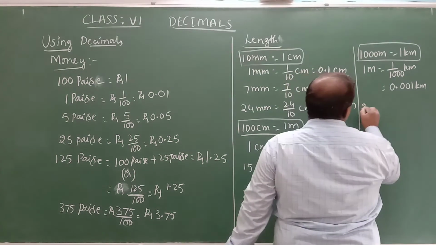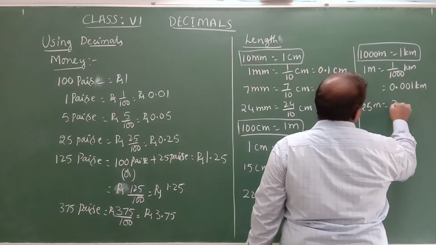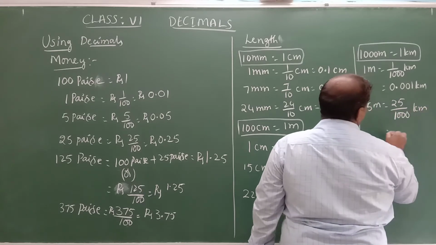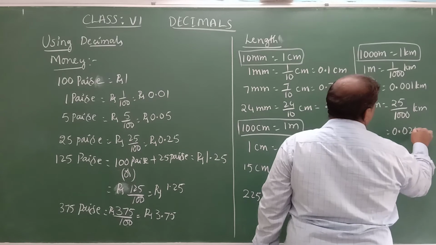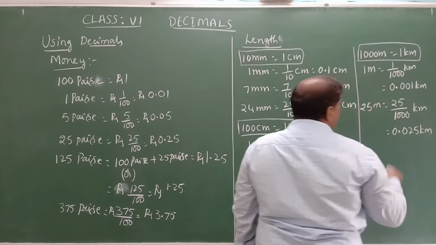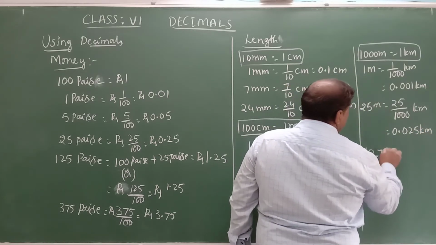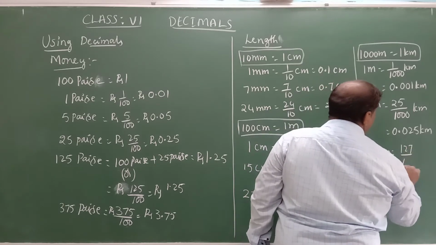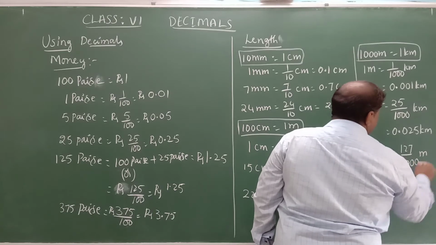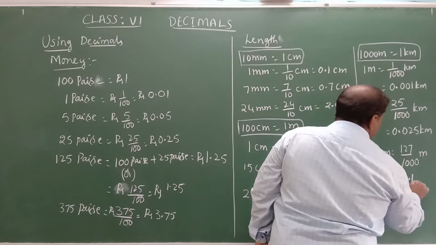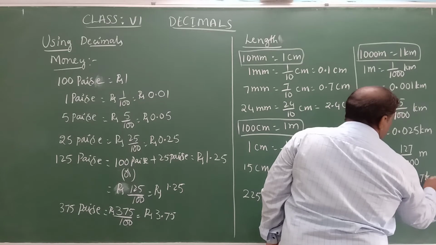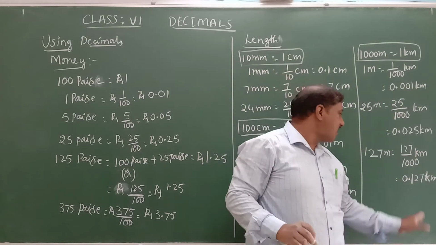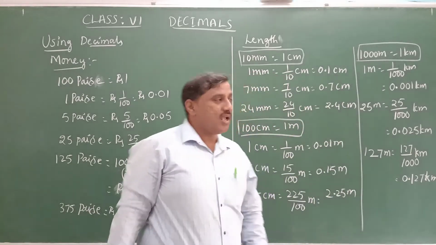Now 25 meters is equal to 25 by 1000 kilometers, that is 0.025 kilometer. Now we take 127 meters, which is 127 by 1000 kilometers, that is 0.127 kilometer.